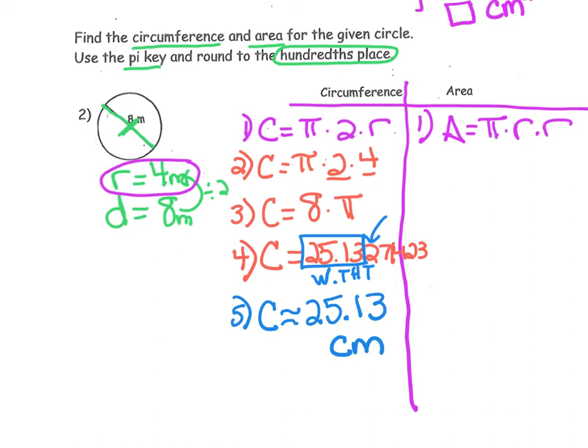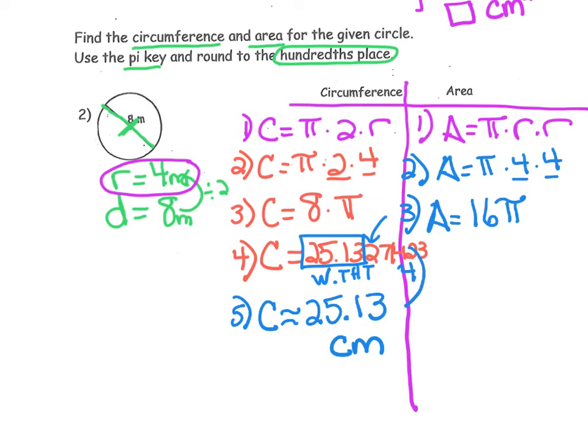Now let's move on to area. Area equals pi times 4 times 4. Let's simply multiply 4 times 4 and rewrite the formula as area equals 16 times pi, or 16 pi.